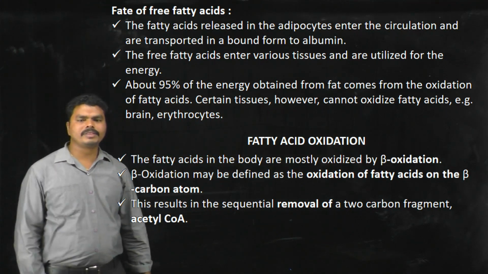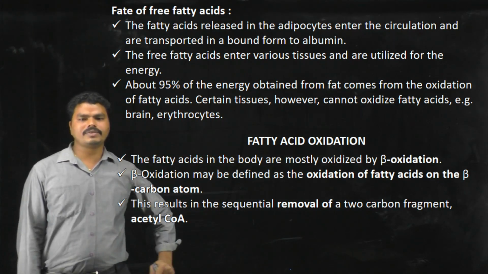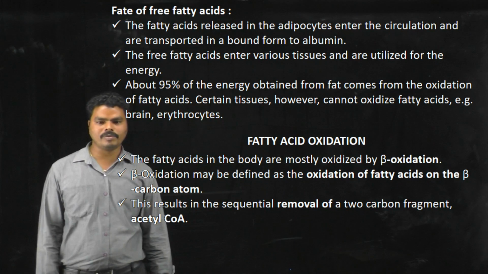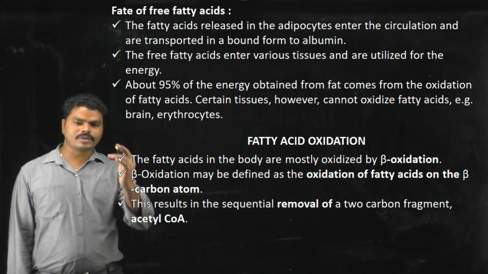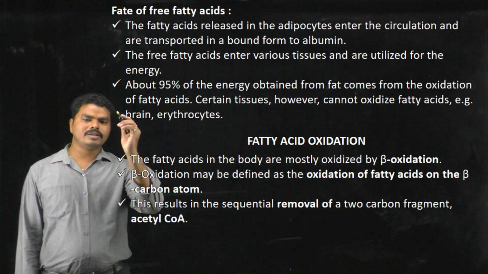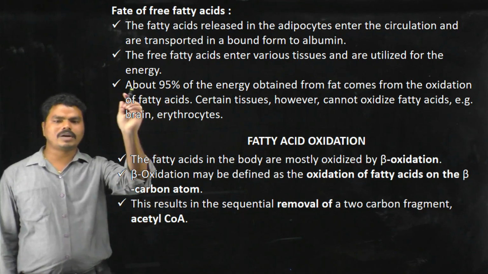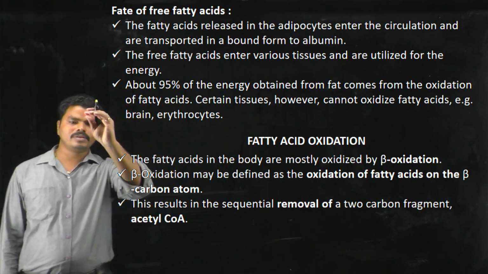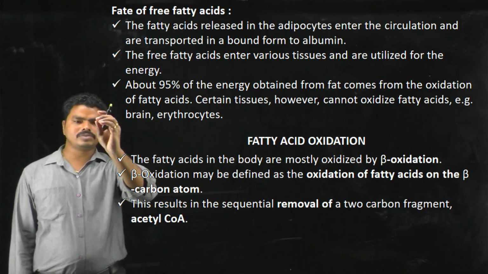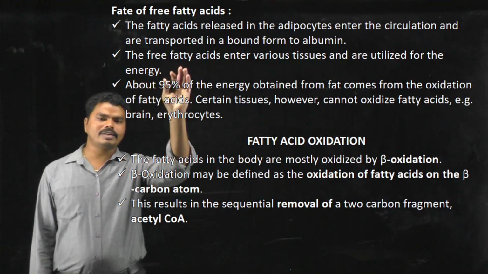After forming the free fatty acids, what is the fate of free fatty acids in our body? After forming the free fatty acid from the triacylglycerol by the action of lipases, what types of reactions happen to the free fatty acids?